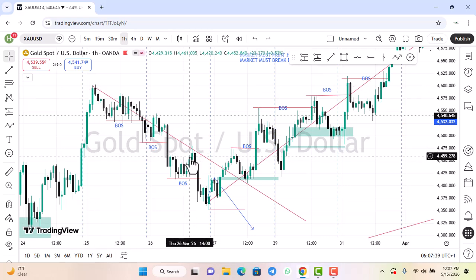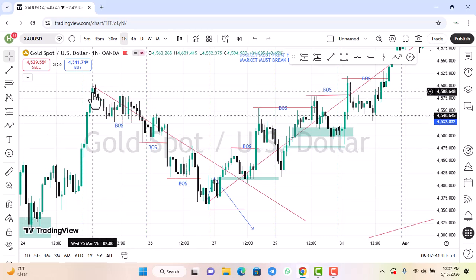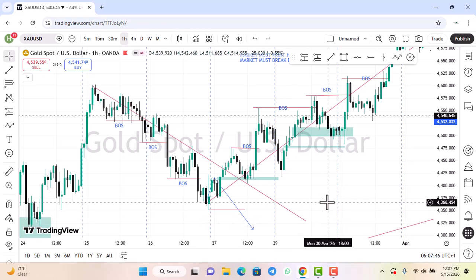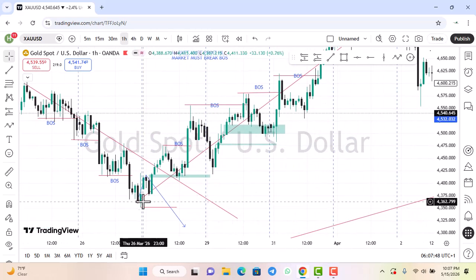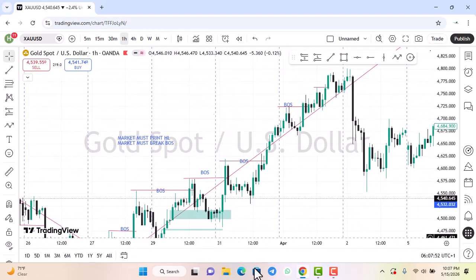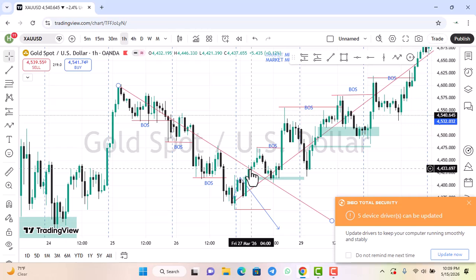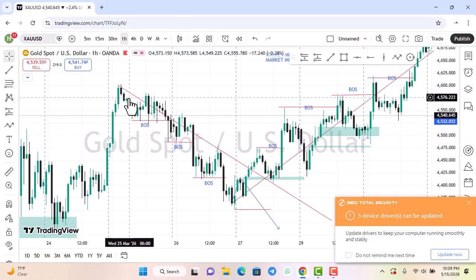In a downtrend, your first lower high and your last lower high. In an uptrend, which is this one, your first higher low and your last higher low.